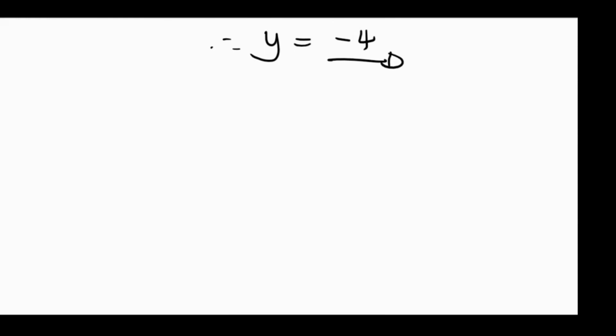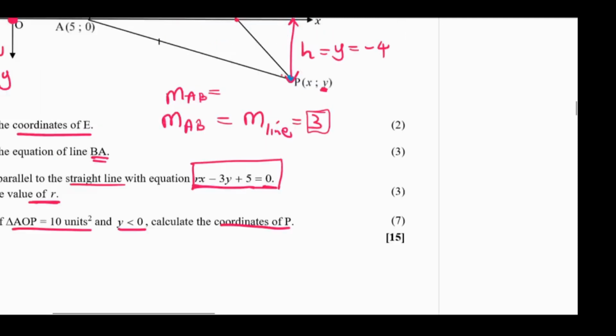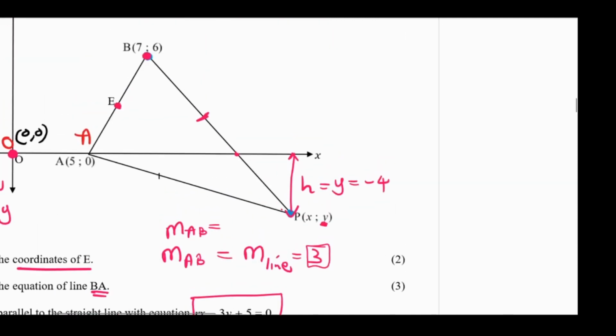But we need our x value now. So we need our x value of P. We don't know it. So for us to find that x value, we need to remember the information that we are given. We were told that AB, so this line here, AP is equal to BP. So basically that means now that the distance of BP is equal to the distance of AP.